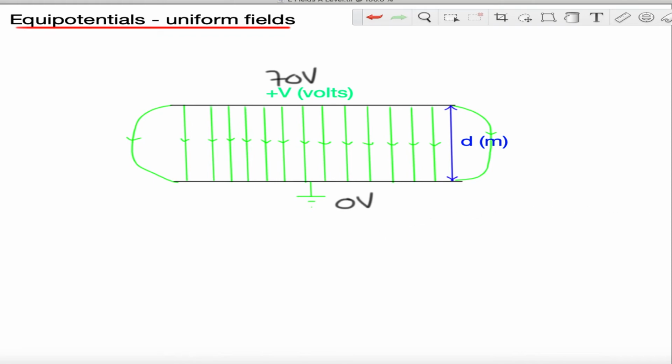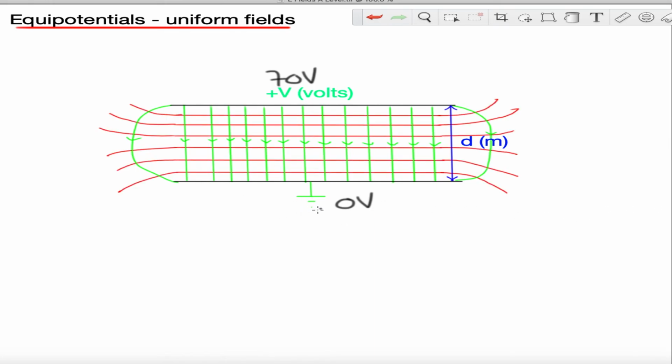And if we throw in our equipotentials, remember we said that the equipotentials are always at right angles to the field lines. So in here you're going to have parallel equipotentials. But they have to be at right angles to the field lines out here too, so they're going to curve up so that they cross these lines at right angles and curve down here. So we might have a set of equipotentials that look a bit like this.